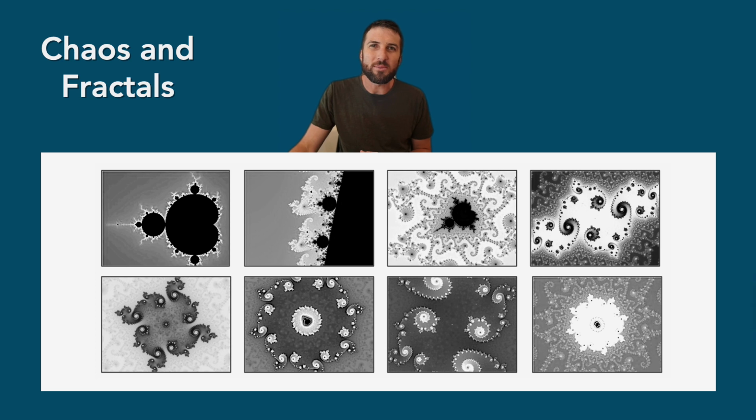Now, one of the most famous fractals is the Mandelbrot set. And this follows a condition that the next state of the system will equal the initial state squared plus a complex number c. So this exists in the complex plane, with one real number and one imaginary number.